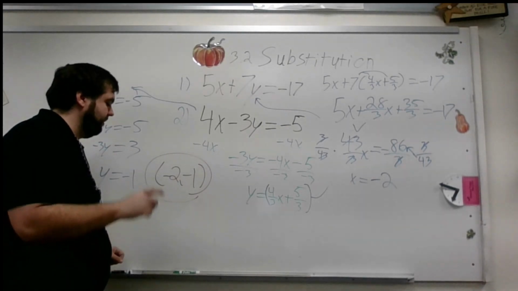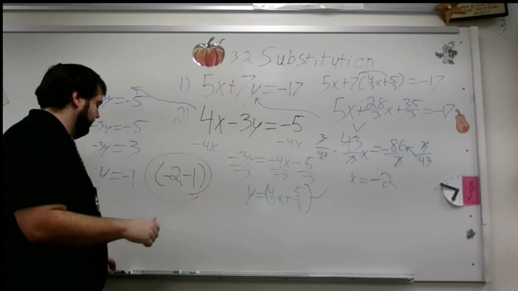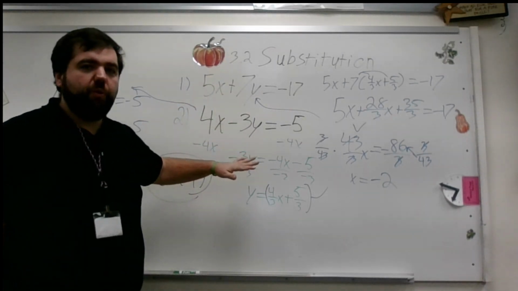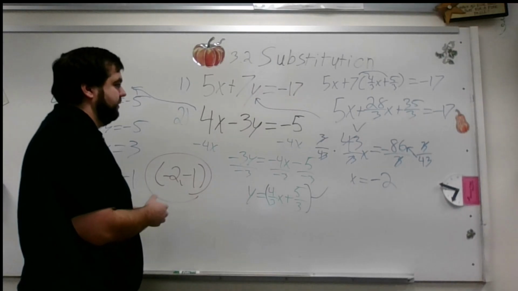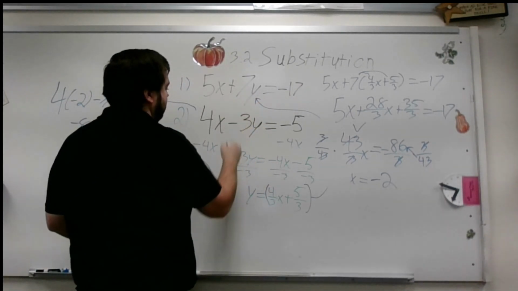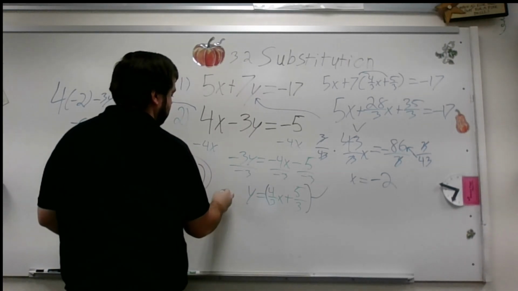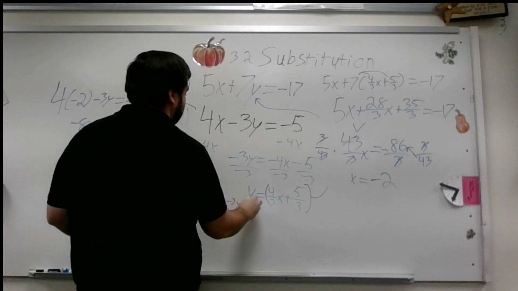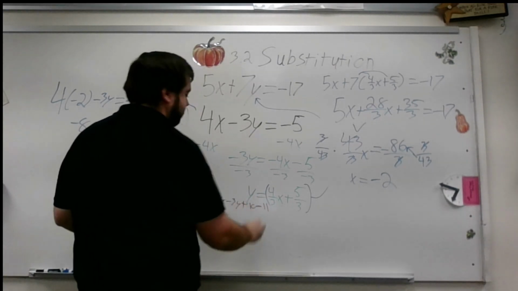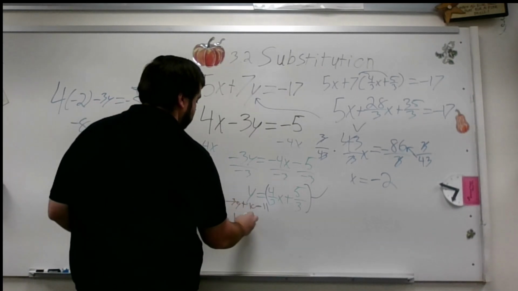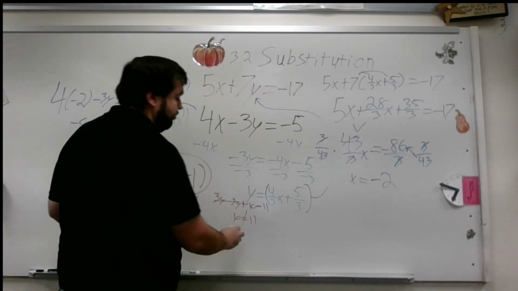The only thing to remember with substitution is, let's say somehow my x's and y's would have canceled out. When I substitute in, somehow I get like 3y minus 3y plus 10 equals 11. And when those cancel, I'm left with 10 equals 11. That is not true.